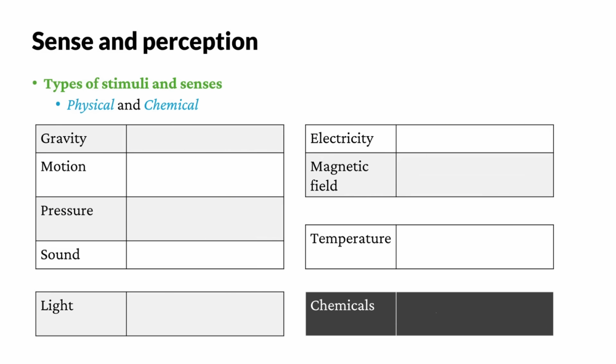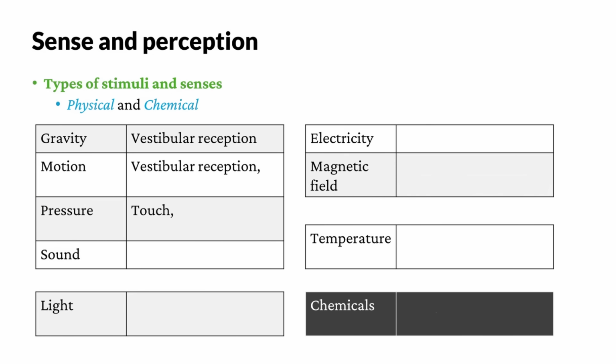Let's take a look at the senses that we humans can sense. Well, we sense gravity by vestibular reception. The vestibular organs is a small organ inside your ears. Motion, such as shaking your head or moving forward, are also sensed by the vestibular organs.